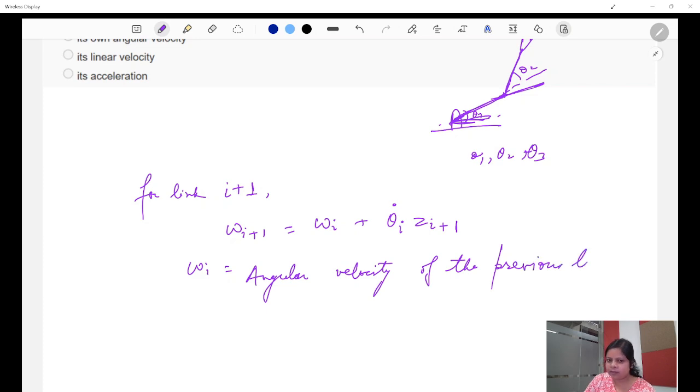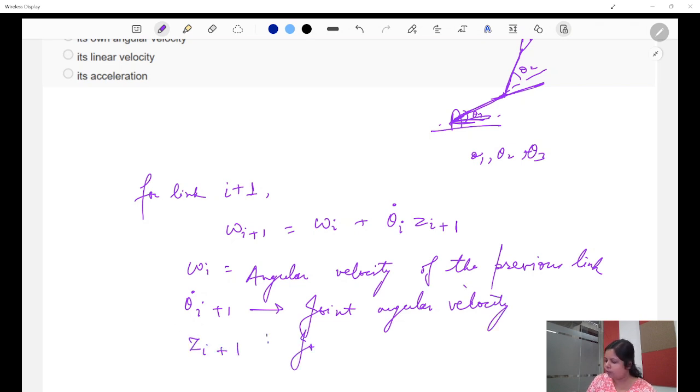Theta dot i plus 1 is your joint angular velocity. And z i plus 1 is your joint axis direction.